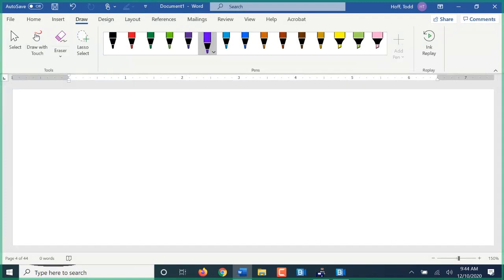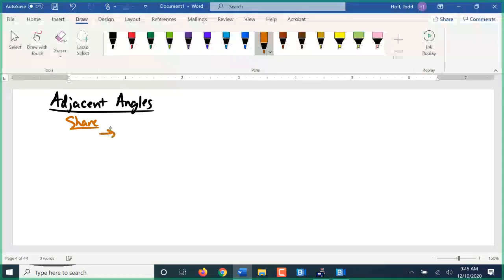But we want to talk about some relationships before we get back to those special angles. And that is something called adjacent angles. So, adjacent angles share that starting point, which is called a vertex, and one side.